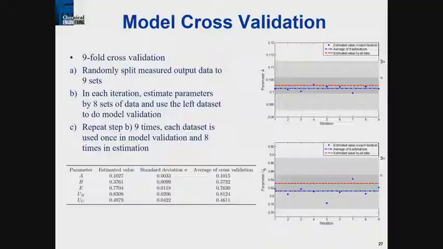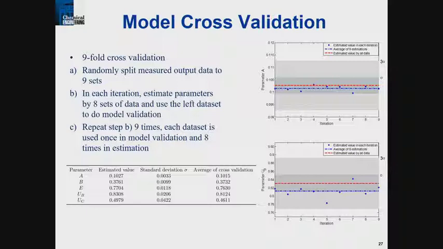Okay, so this gives us some idea of what we'd have to do to make sure that we can actually extrapolate. Now let me take you to the next case study. The last thing to say is we did some cross-validation. For this problem, we had 9 data sets, so we basically did estimates with 8, then looked at the 9th one. What we saw was that the parameter estimates and the average of the cross-validation were extremely close.